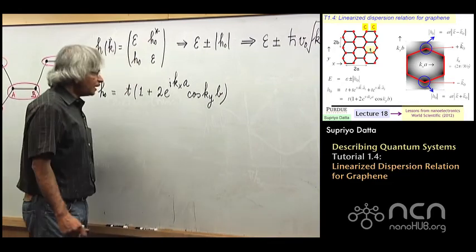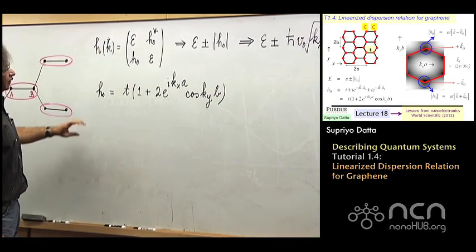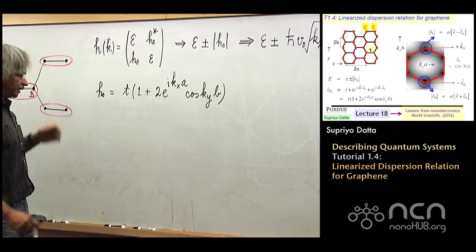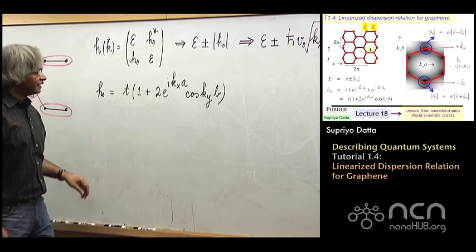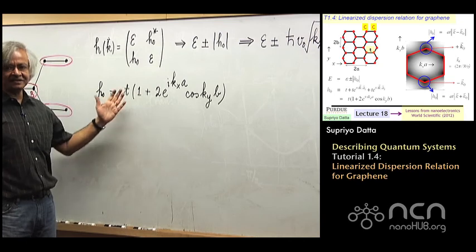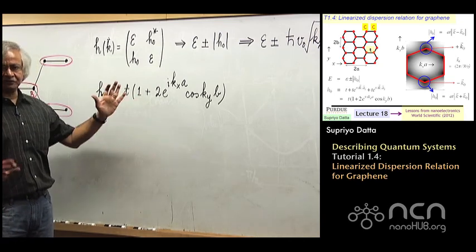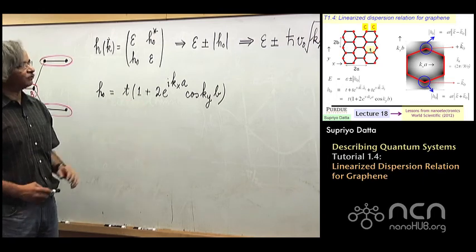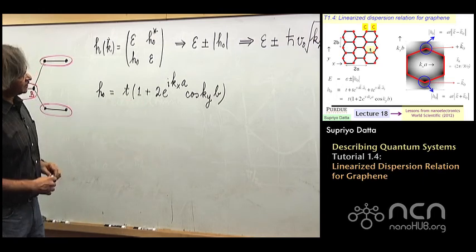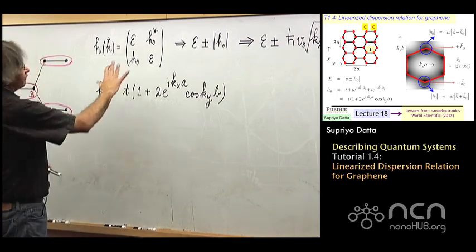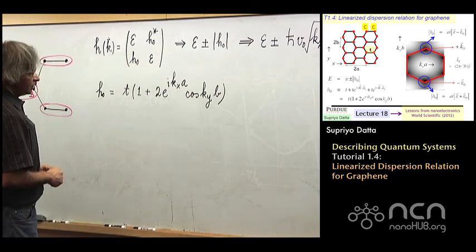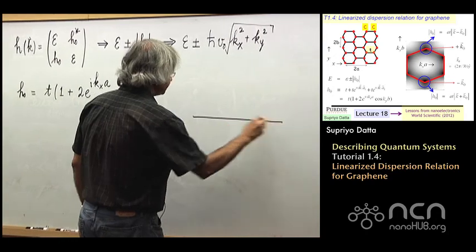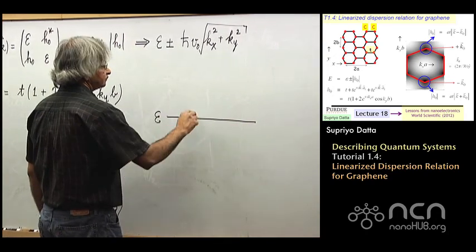Okay. Now, in order to get from here to the result we want, we have to, as I said, linearize it around the energy levels of interest. Now, the question is, what energy or what values are of interest? It's like this. When you look at the eigenvalues that you obtained, you'd find that they are symmetrically disposed around epsilon.